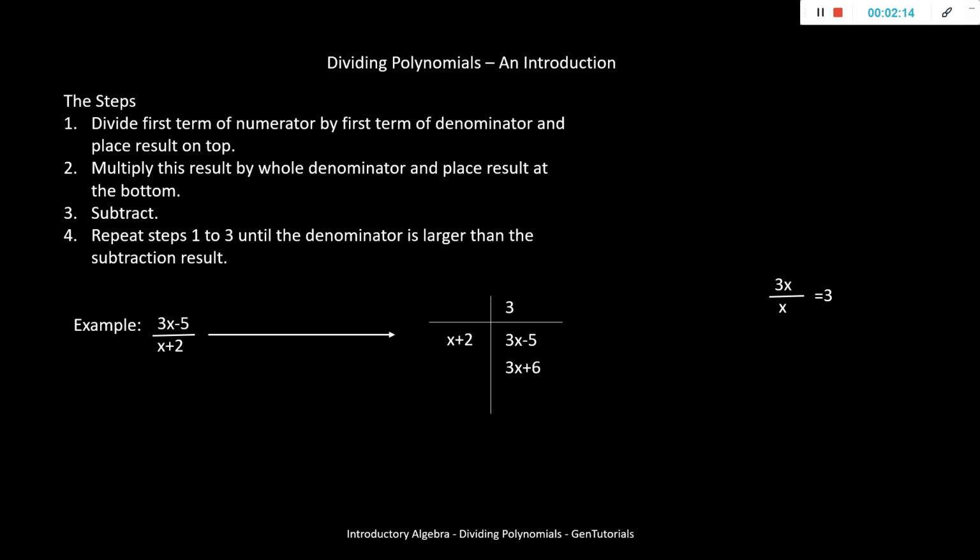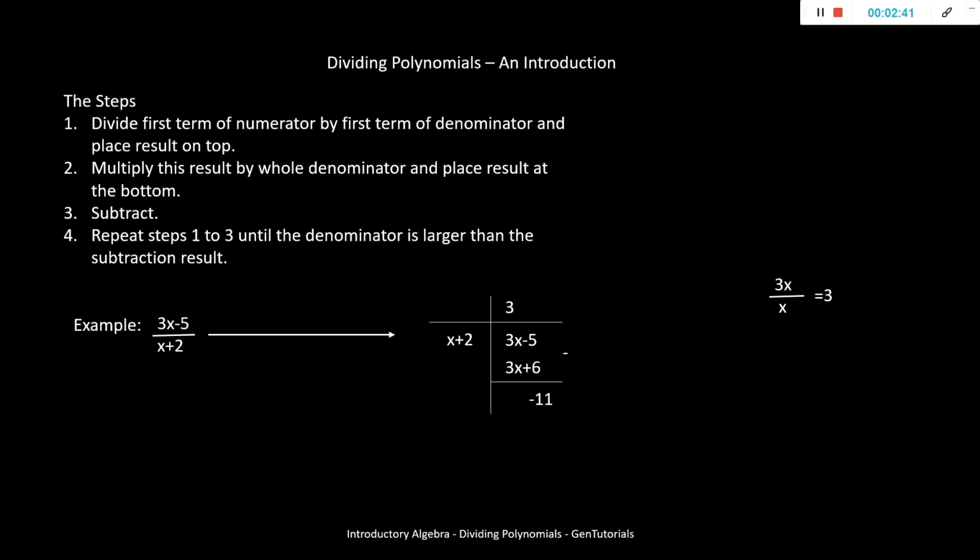Now you subtract 3x plus 6 from 3x minus 5, and we do this in order to cancel out the 3x. So 3x minus 3x would be 0, and minus 5 minus 6, you get minus 11, negative 11.